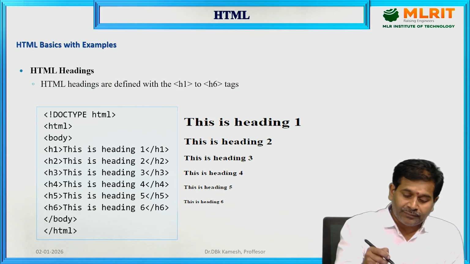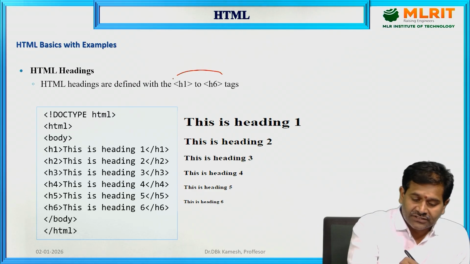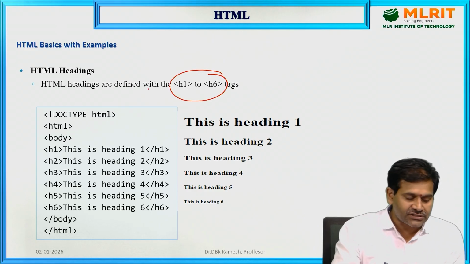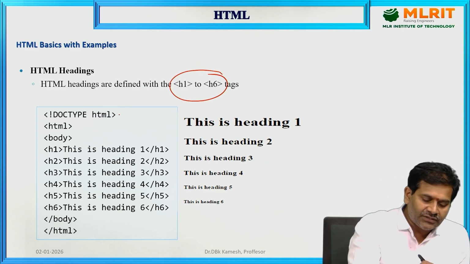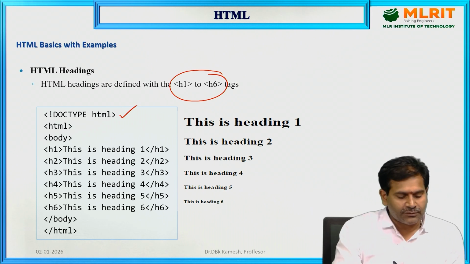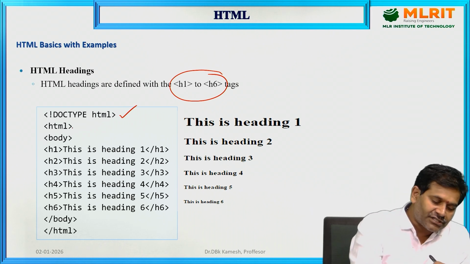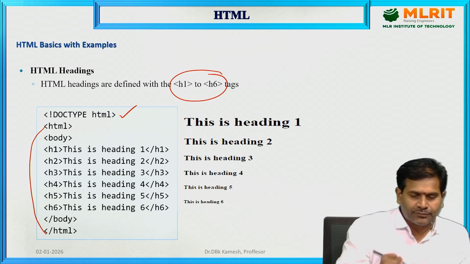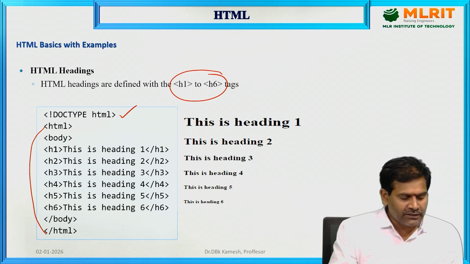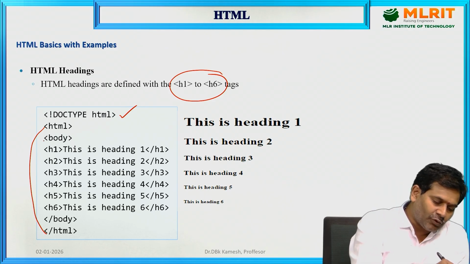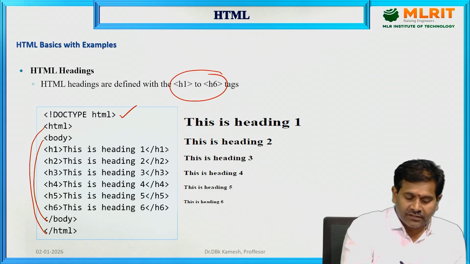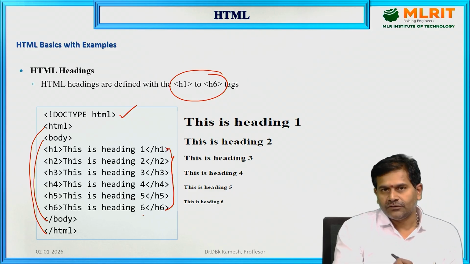Earlier I already informed you about the H1 to H6 tags which are available. Initially we use document type HTML, followed by HTML, then the end HTML. Now we start with the body. Inside the body there are 6 varieties of font styles.